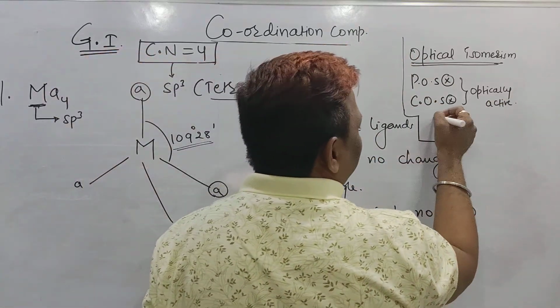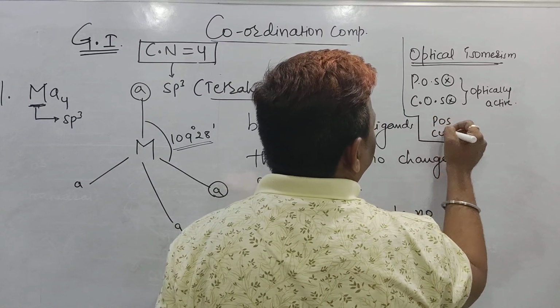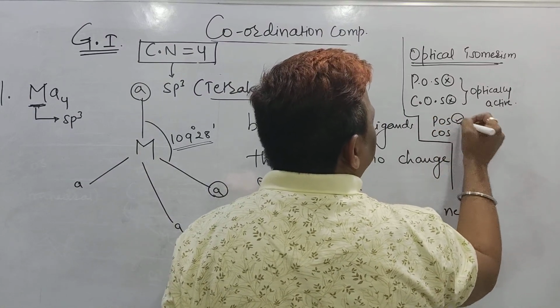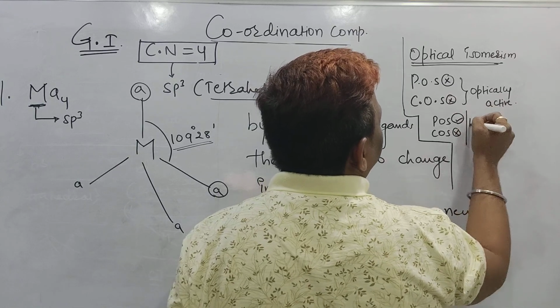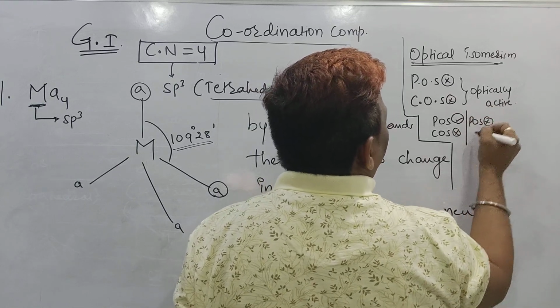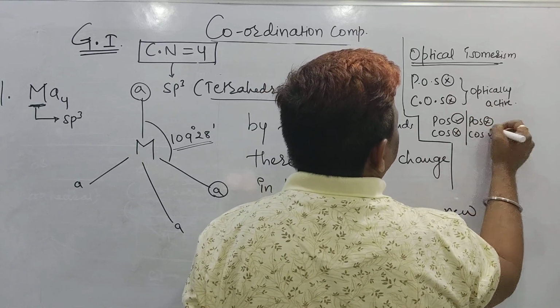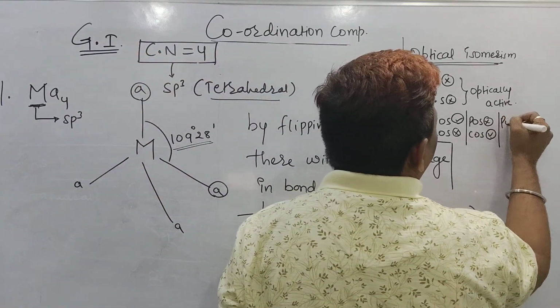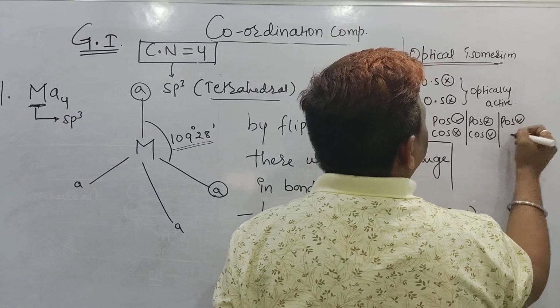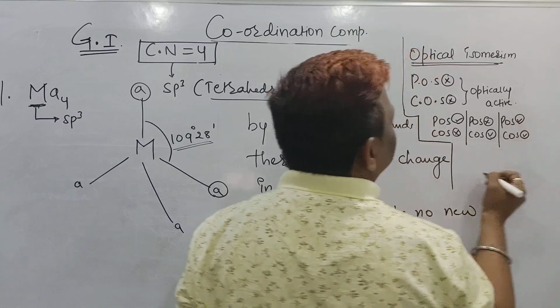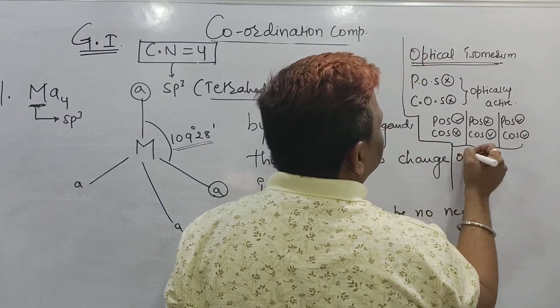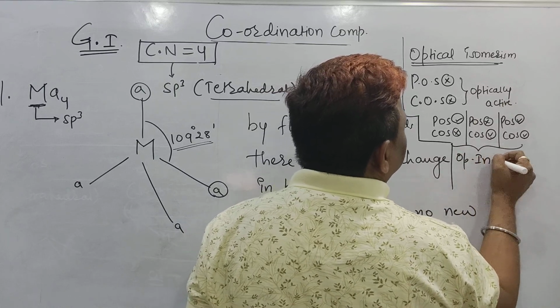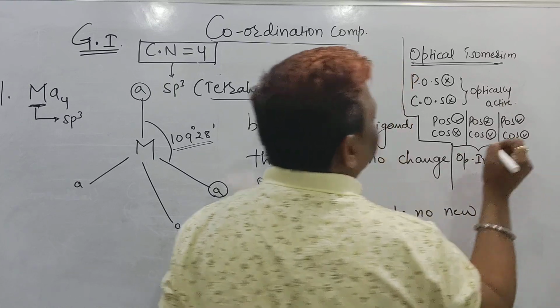Suppose there are possibilities, beta; maybe children will think about that. If POS is present, COS absent. Beta, POS absent, COS present. Third possibility: if POS present and COS present, in such a case the compound becomes optically inactive.